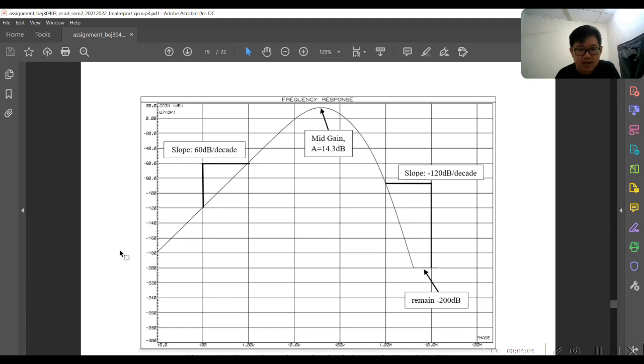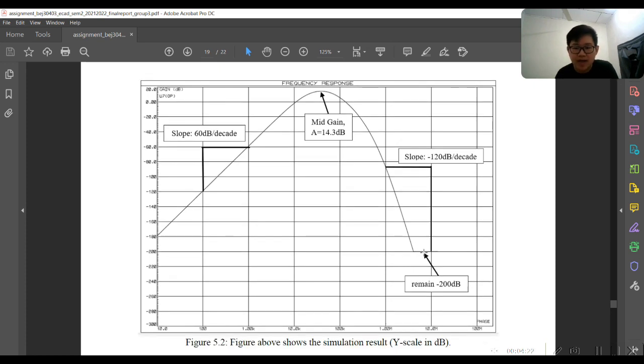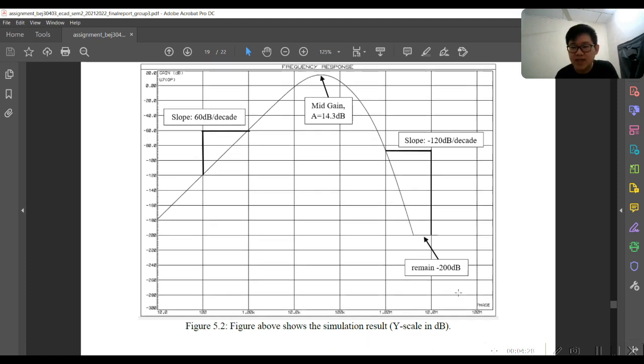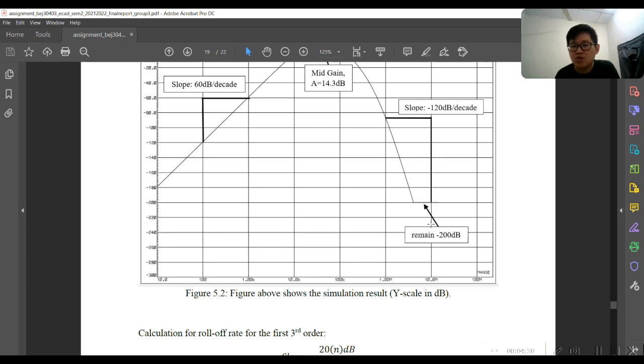For the left hand side, the slope is 60 dB per decade, and for the right hand side the slope is negative 120 dB per decade. Here we can see that there is a remainder, which is minus 200 dB. So we get Y2 as negative 200 dB in order to get the simulation result for the slope.